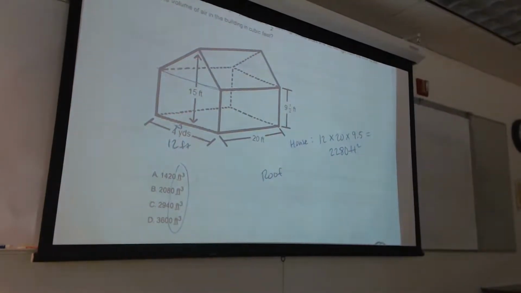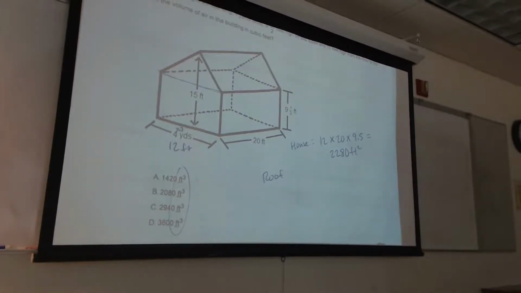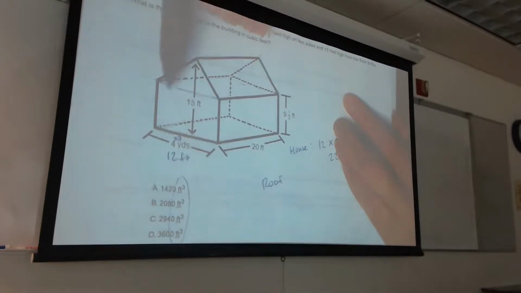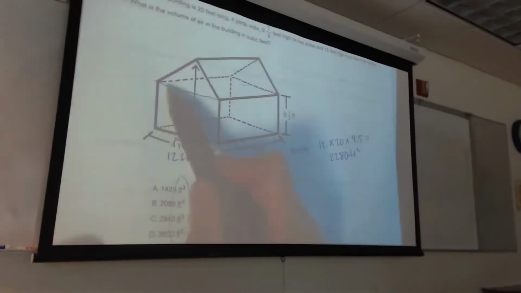What shape is the top? A triangular prism. Remember what I said earlier about prisms? Prisms are named for what their bases are. So in this case, it's a triangle. And their lateral faces are rectangles. So you see, this is a lateral face, this is a lateral face, and this is a lateral face.